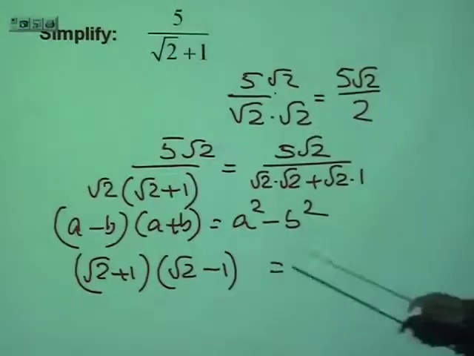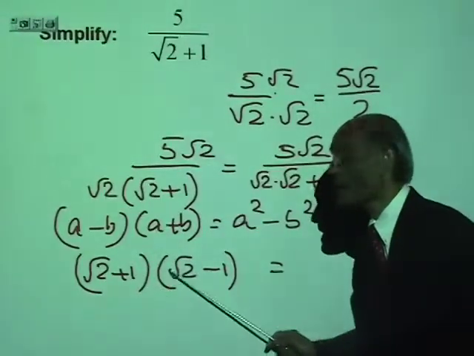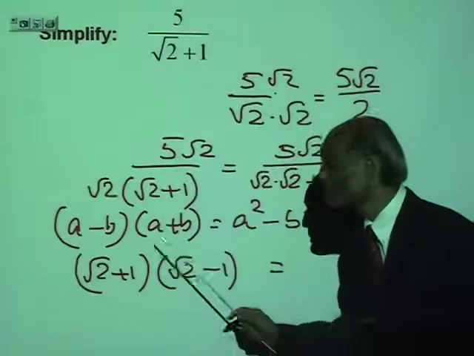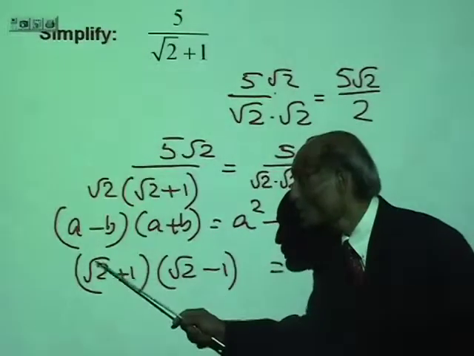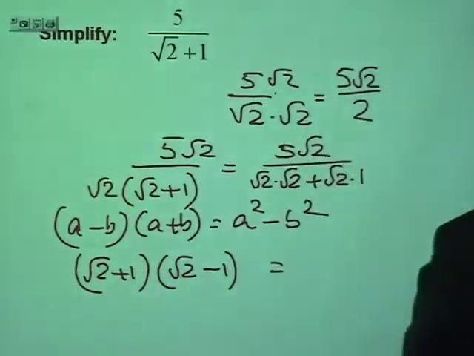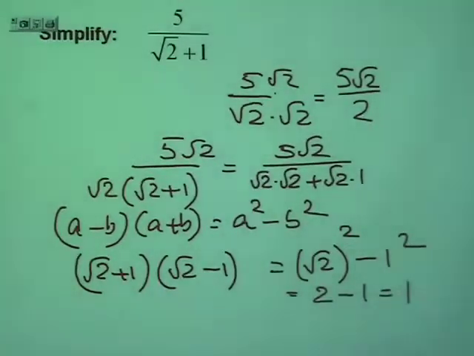Can you tell me what that is going to be? Square root 2 plus 1 times square root 2 minus 1. Well, this is the square of square root 2 minus the square of 1. So that will be the square of square root 2 minus the square of 1, and that will be 2 minus 1 equal to 1.